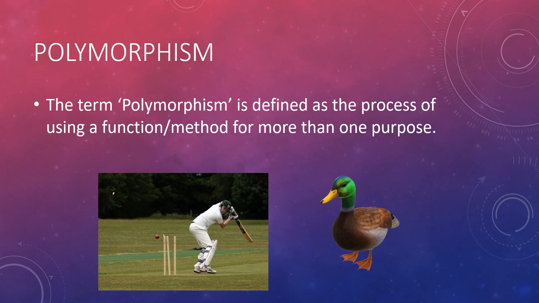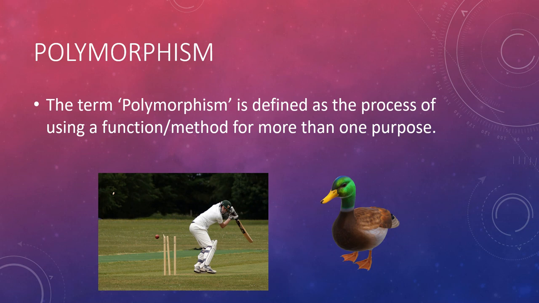It lives on both land and water. The same word duck in cricket means a batsman who got out without scoring. That is also called a duck. So the same word duck can mean two different things, depending upon the context.